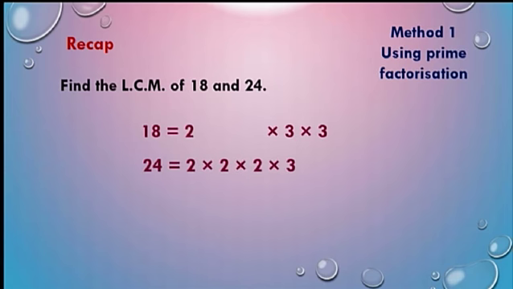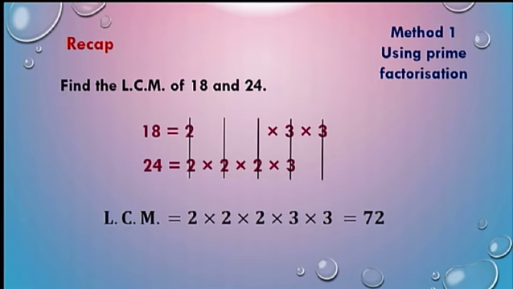Like here we have 18 is equal to 2 times 3 times 3, 24 equal to 2 times 2 times 2 times 3. To find the LCM, we need to take one term from each column, then we multiply them. So the LCM of 18 and 24 is 2 times 2 times 2 times 3 times 3, which is equal to 72.